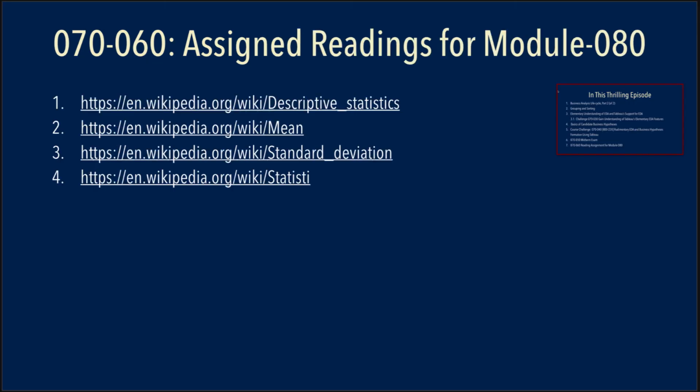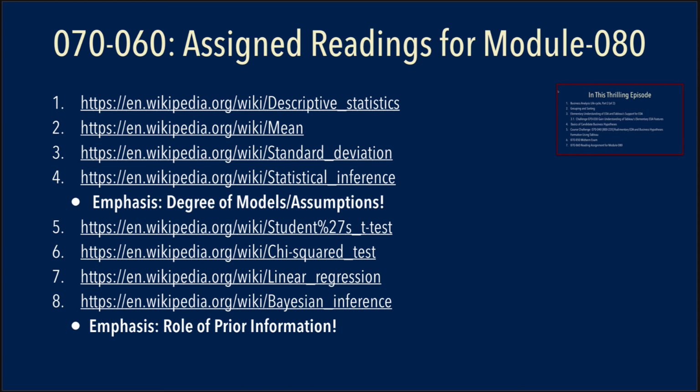To prepare for Module 080, please complete these reading assignments before next week. Again, all of them are drawn from publicly available sources to keep your cost of education at a minimum. The Wikipedia article on descriptive statistics, mean, standard deviation, statistical inference.